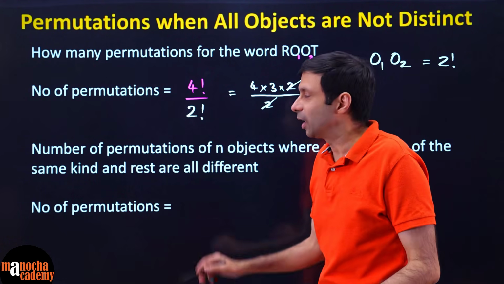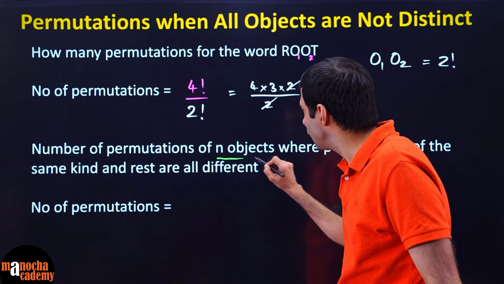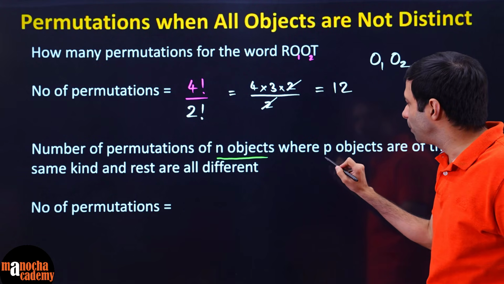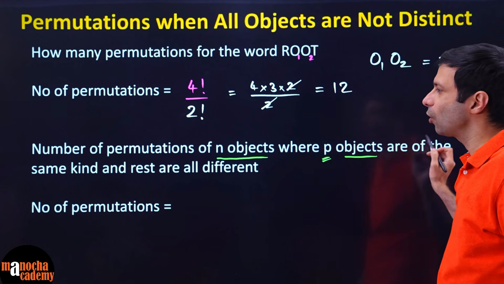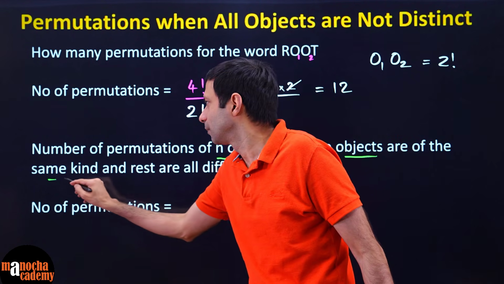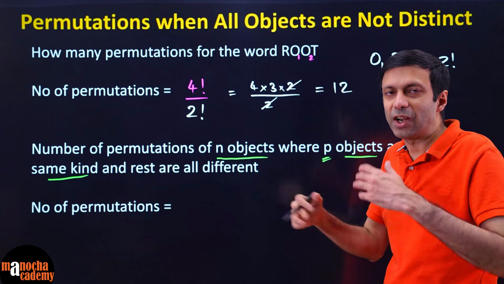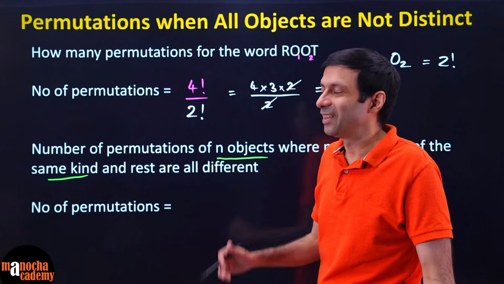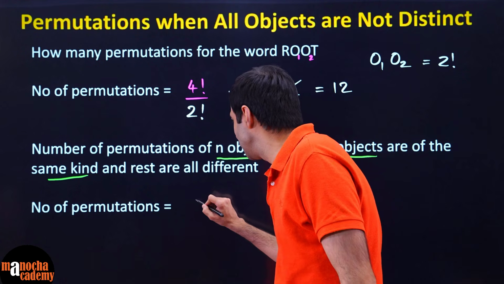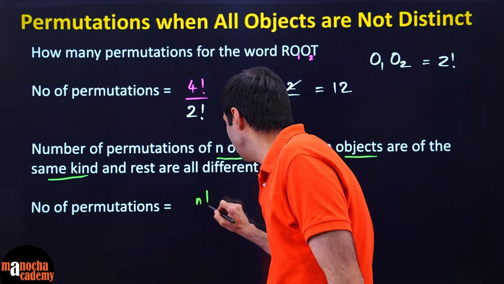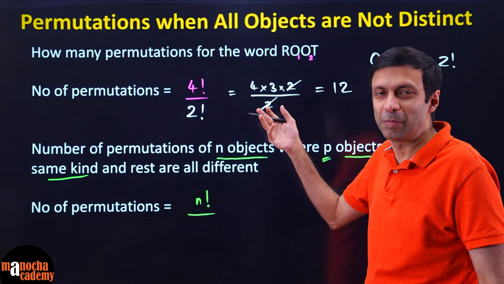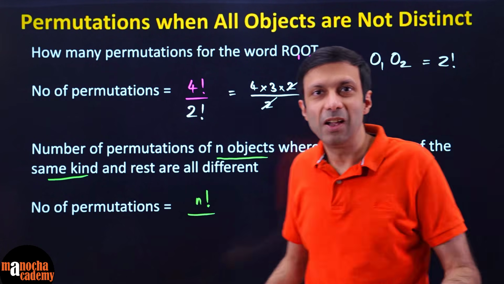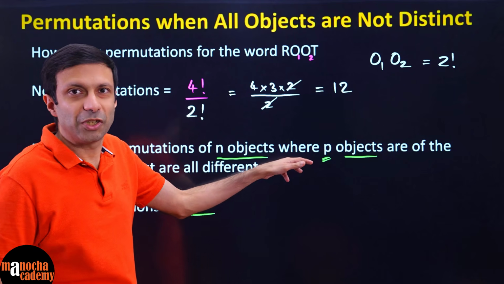So if I ask you, what is the number of permutations when you have n objects where p such objects are of the same kind and the rest are all different, and we are doing permutations of these objects? So in total how many permutations will you get? That's right, the number of permutations will be n factorial, the total possible permutations, divided by how many repetitions we have.